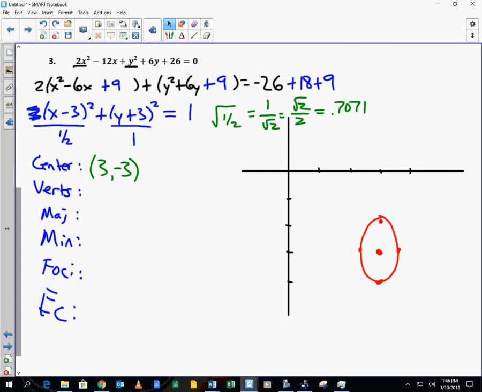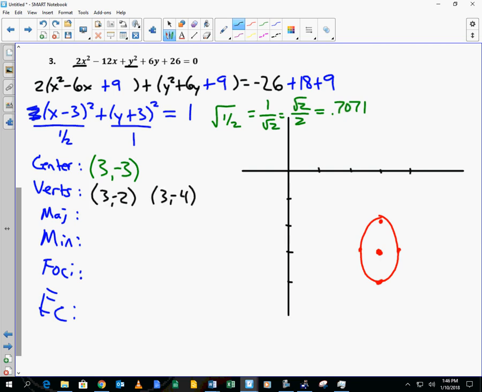Okay, now I can identify the vertices. Are the vertices on the top and bottom, or are they on the sides? Top and bottom. Very good, Wiz. Thank you.